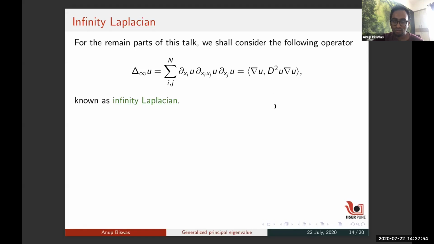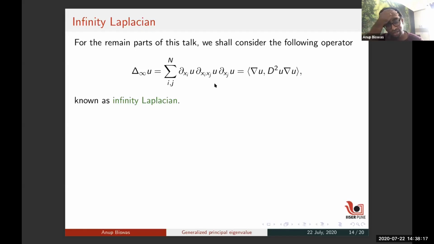So you look at the gradient of u, and then the D^2 u, that's a matrix, and then another gradient of u, and then you take the product. So this is called the infinity Laplacian operator.